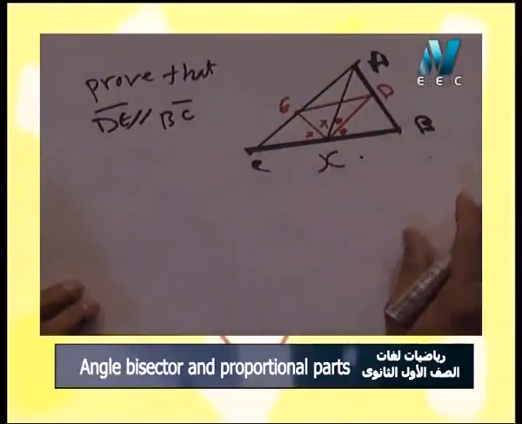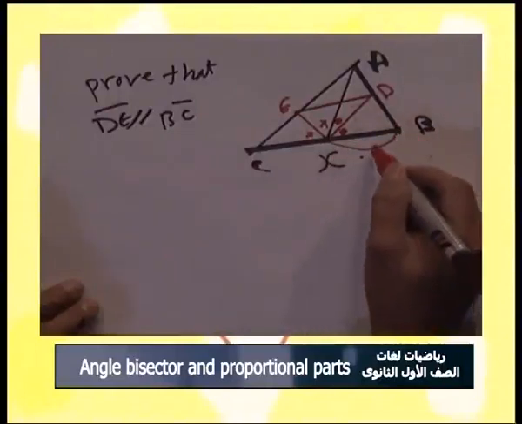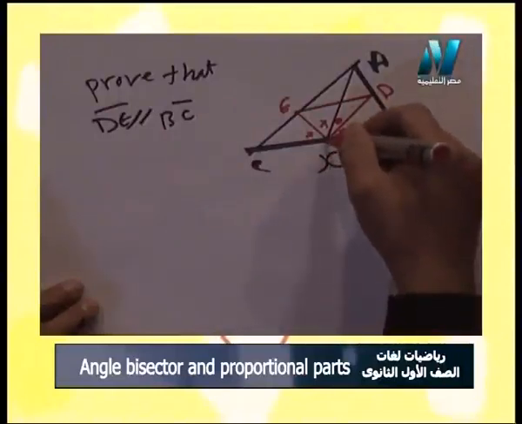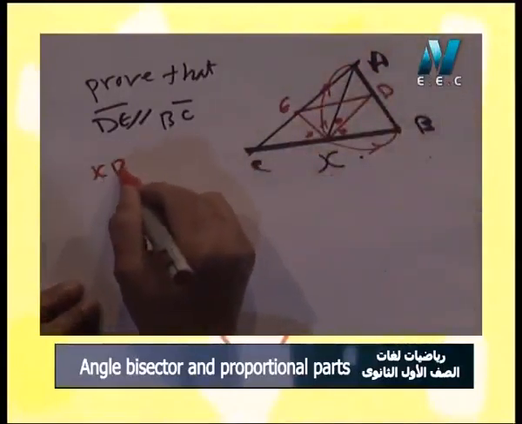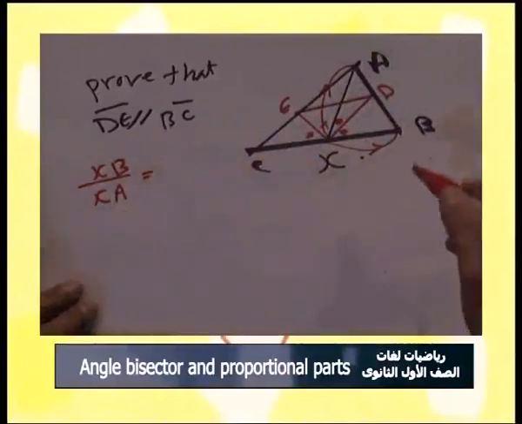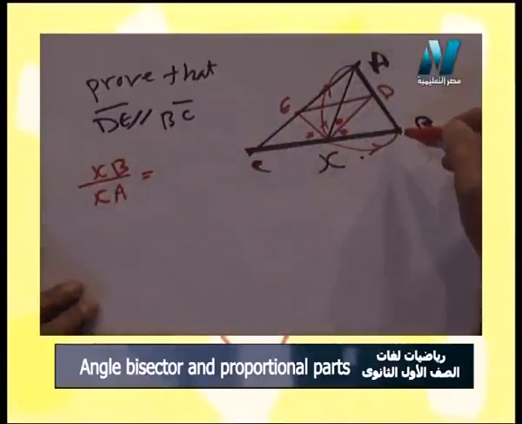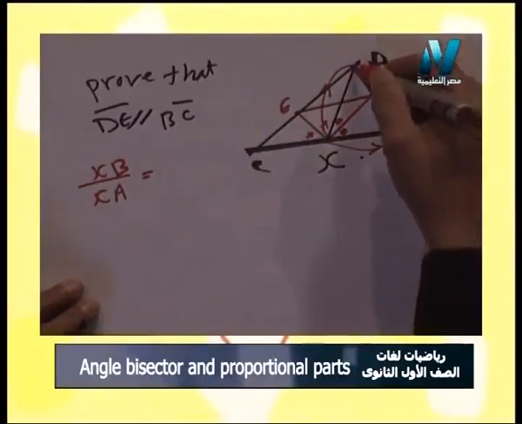We say that the ratio XB over XA will be equal to BD over DA.